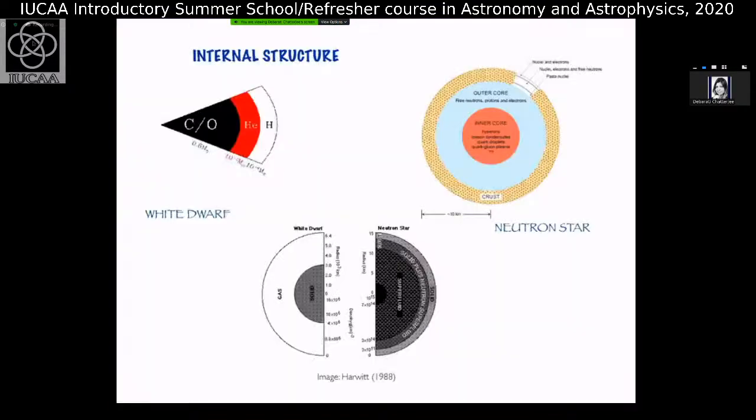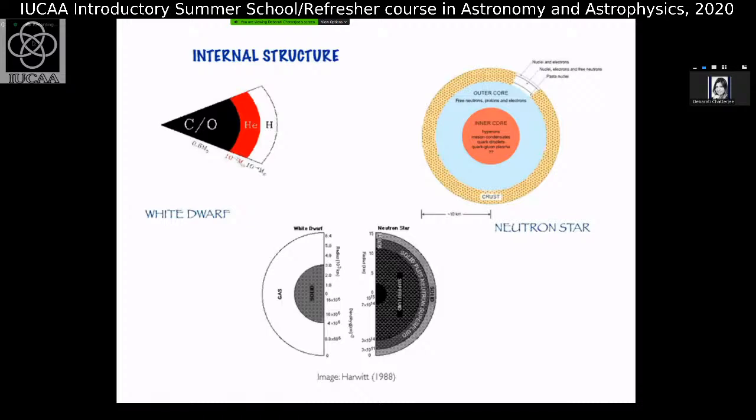So if we compare the internal structure of a white dwarf and a neutron star, both of them are compact stars, but you can see that a white dwarf is basically carbon-oxygen nuclei with an envelope of helium and hydrogen, embedded in a sea of electrons. On the other hand, a neutron star has a much more complex internal structure.